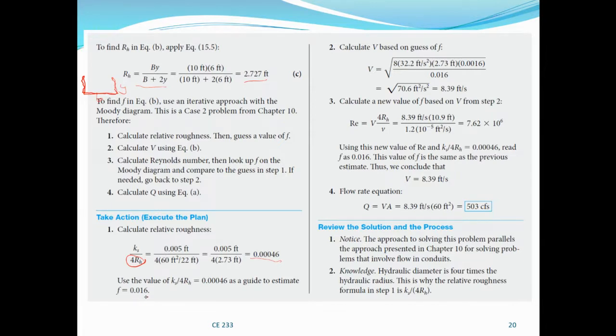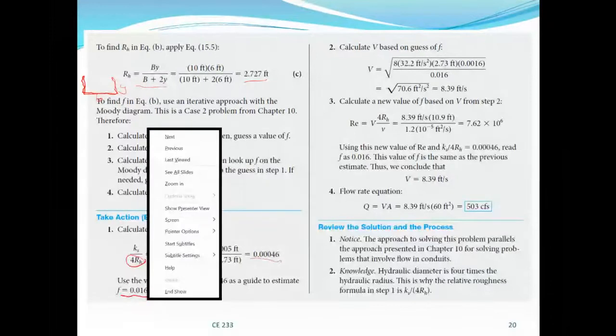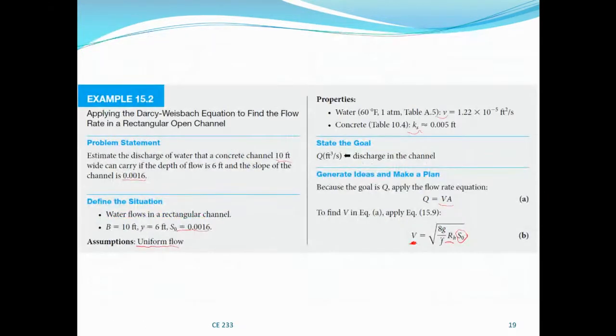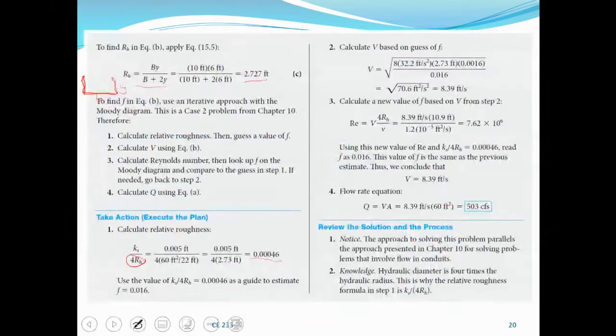So we now estimate f. We assume f to be 0.016, and then based on this, we determine the velocity, okay, using this formula because there is f here. You can see it, okay? So we determine the velocity and the Reynolds number, okay? And then we now go to the Moody diagram to read, using this new value of Re and the relative roughness, f, okay?